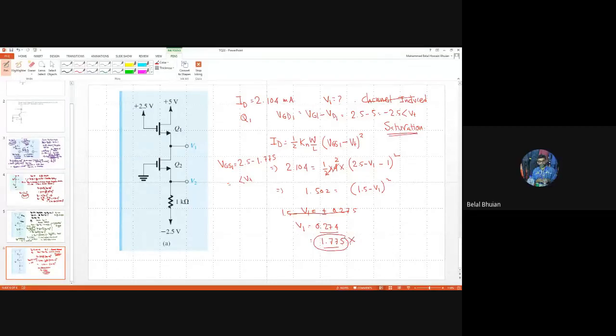If I select this value, we don't have any channel induced here. Next, if I select this value, then VGS is 2.5 minus 0.274, so clearly greater than VTN, channel induced.